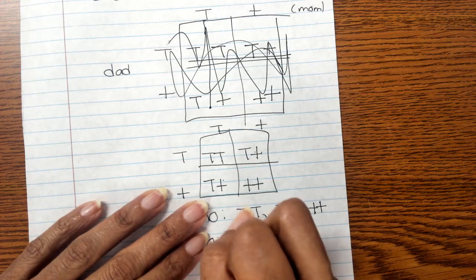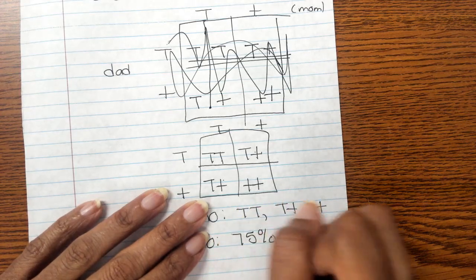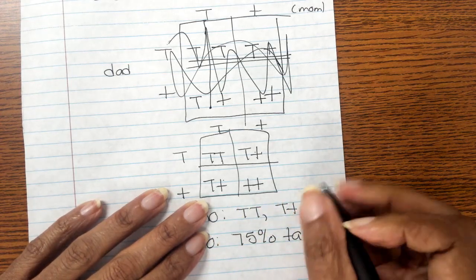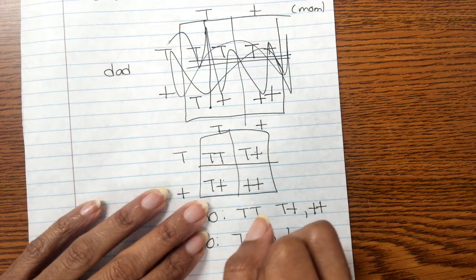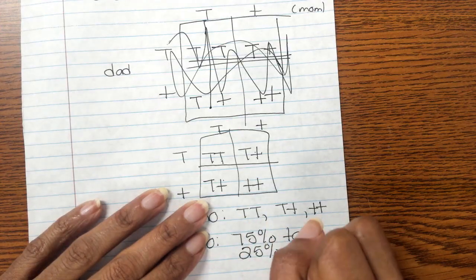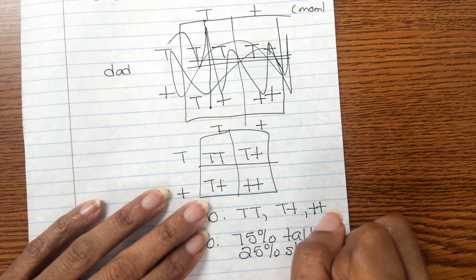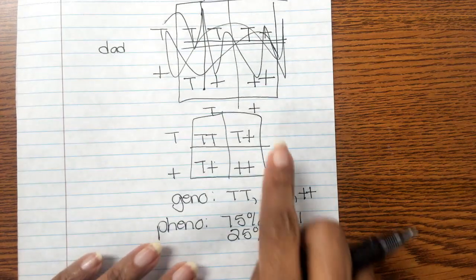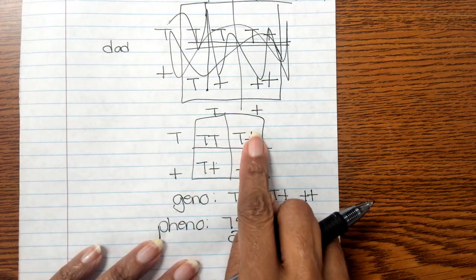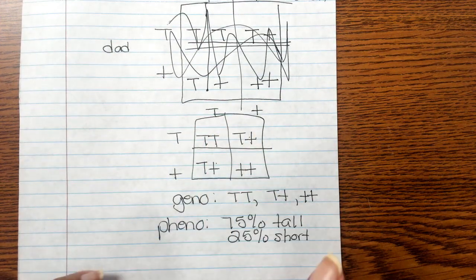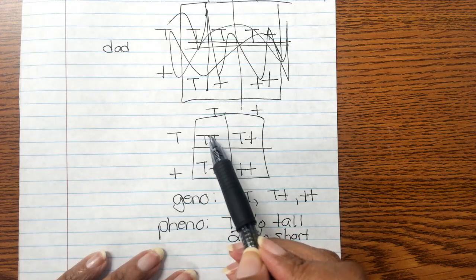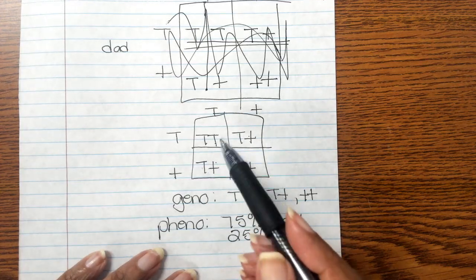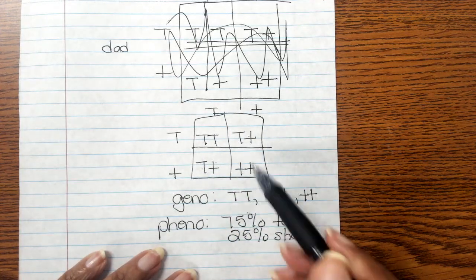So there's a 75% chance of tall and a 25% chance of short. Remember, 25%, 25%, 25%, 25%. You have a big T, and a big T. So this is 75 and then 25.